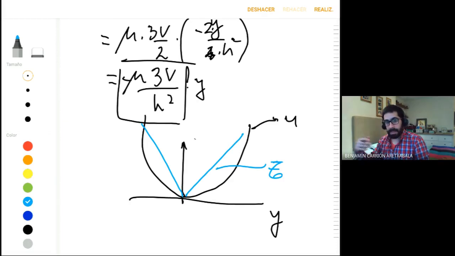So you can do this kind of computation, but the important thing is that you realize what the viscosity is doing. Viscosity is exchanging momentum. If you have one layer with a larger velocity than the layer before, viscosity is going to induce a change of momentum between the larger velocity and the lower velocity layers.